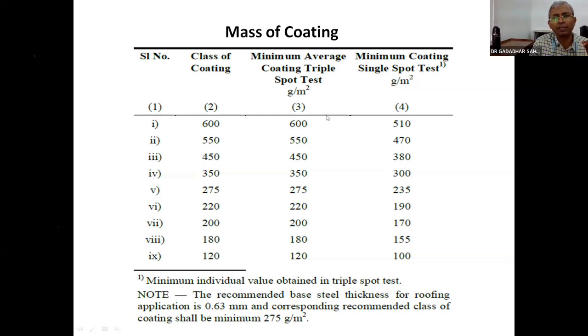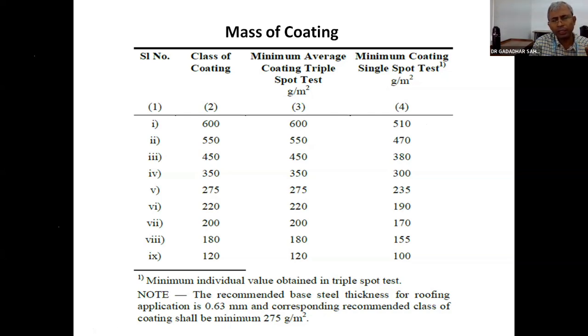But in case of 600, the minimum single spot test should be 510. If it is 510, it is still equivalent to GSM 600. The complete grade name, if the customer demands 350 YS, will be GP 350, then GSM 600.